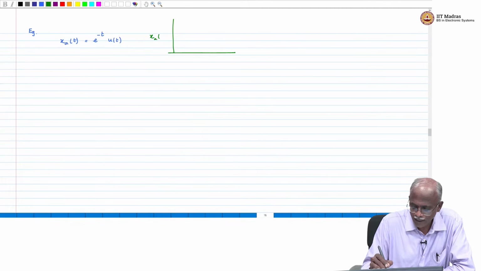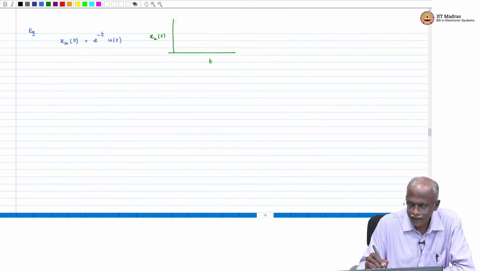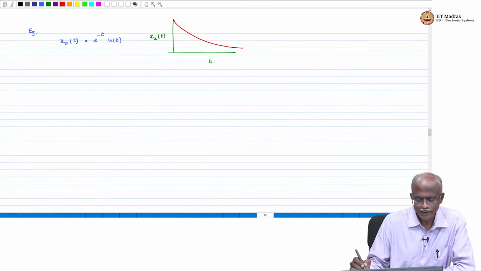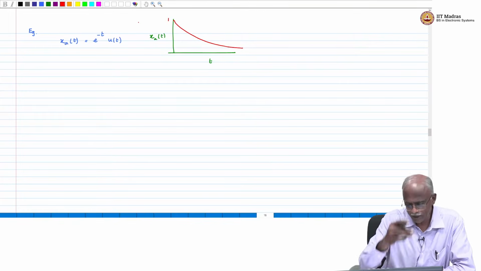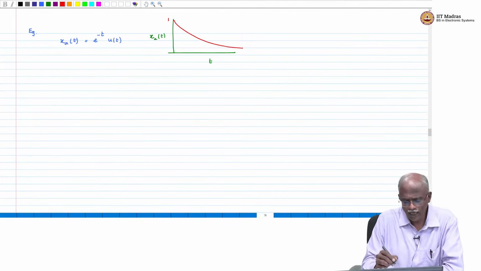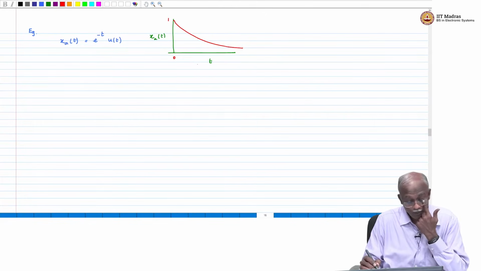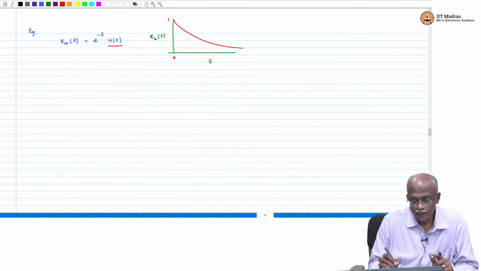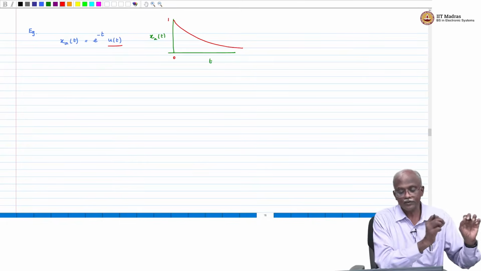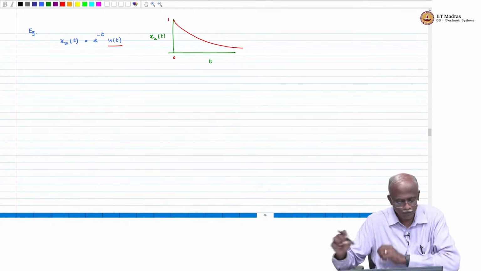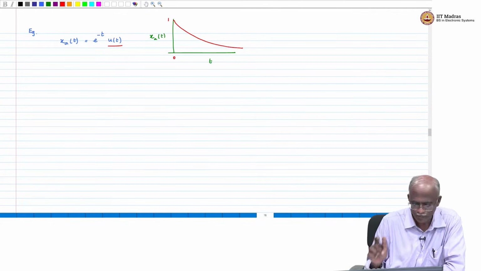If I were to plot xa of t as a function of t, this would be a decaying exponential. This is e power minus t starting at a value of 1 and then decaying, and it has nothing in the negative, so starting at 0, because of this u of t there is no signal for negative t, it exists only for the positive time index.